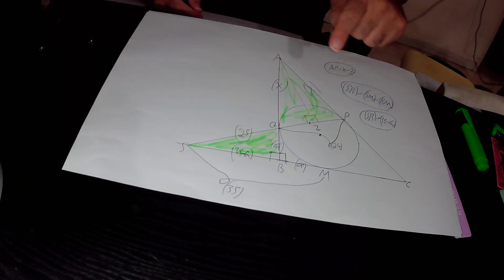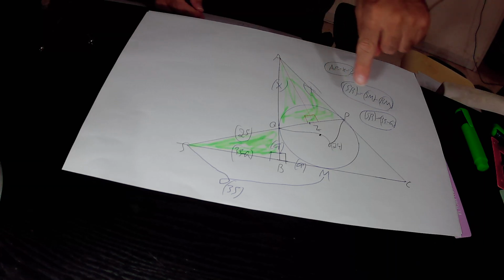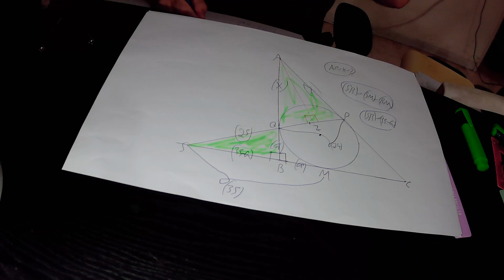That is to say, QZ equals ZP, and each half equals QP over 2.